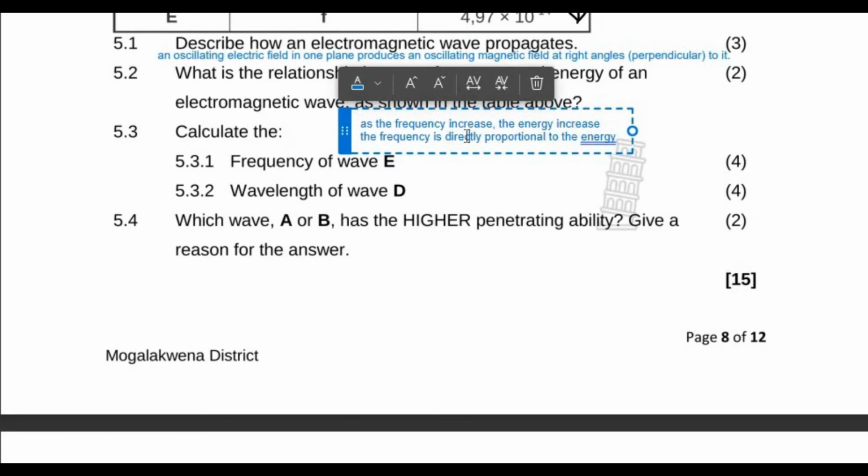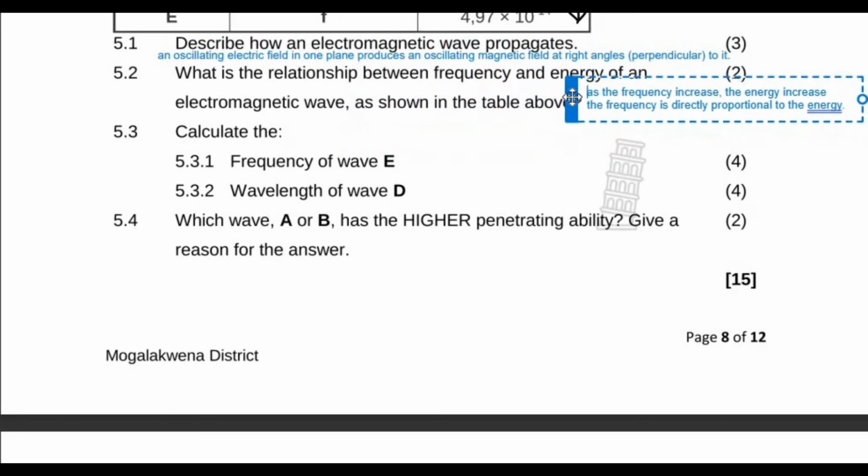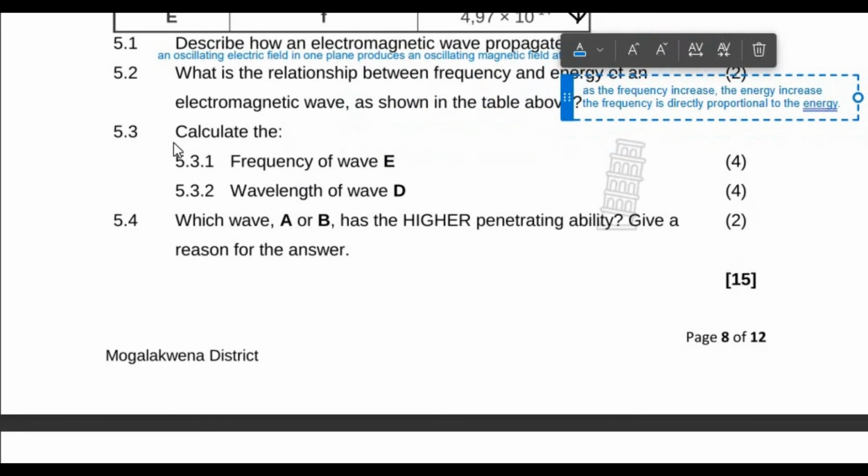Directly proportional to the energy. And you'll get your 2 marks. Now we go to question 5.3.